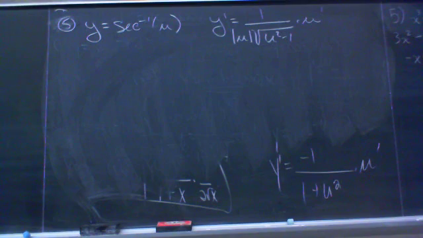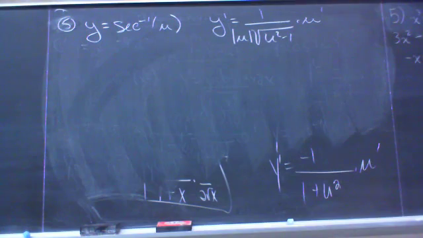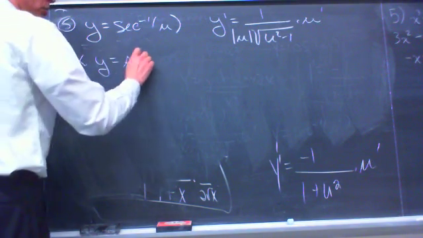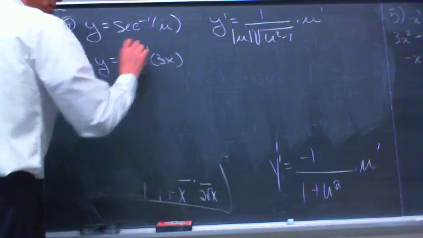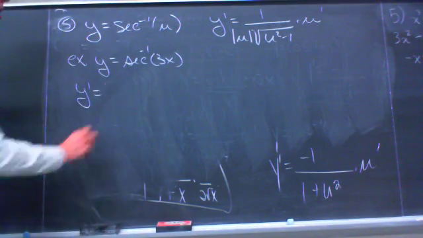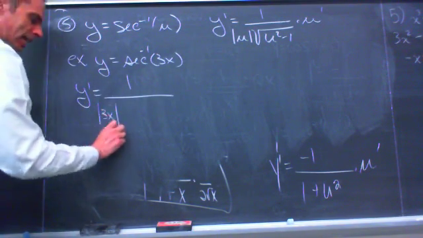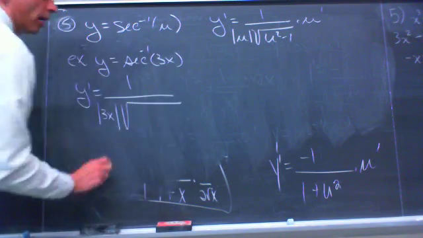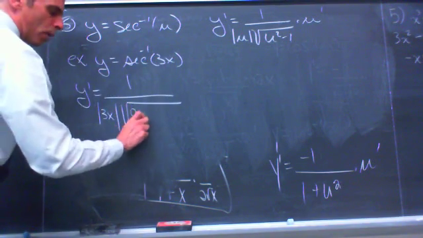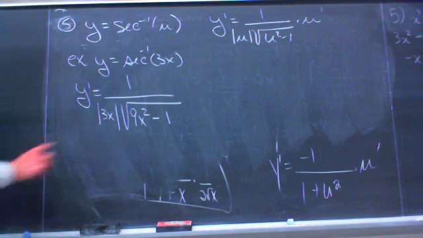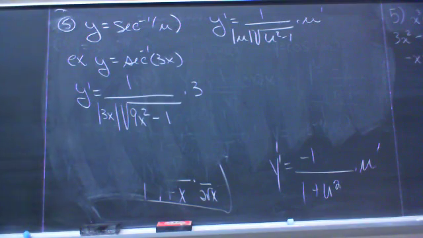It's 1 over the absolute value of the inside stuff times the square root of u squared minus 1 times u prime. So for example, if y equals secant inverse of 3x, then y prime is 1 over the absolute value of the inside stuff times the square root of the inside stuff squared, which is 9x squared minus 1, times the derivative of the inside, which is 3.